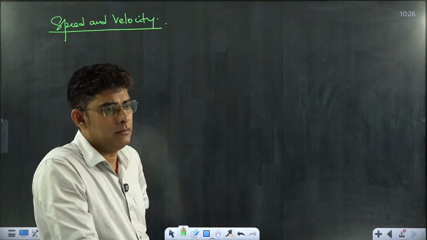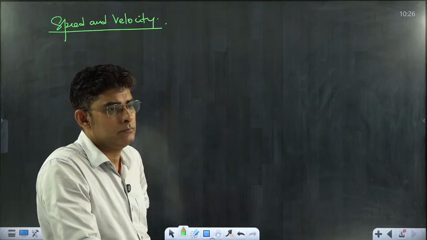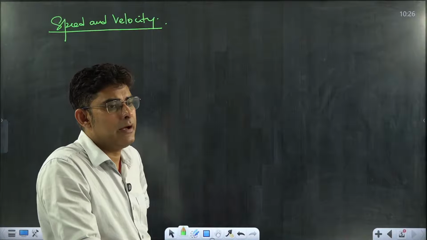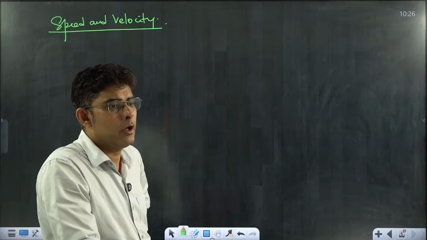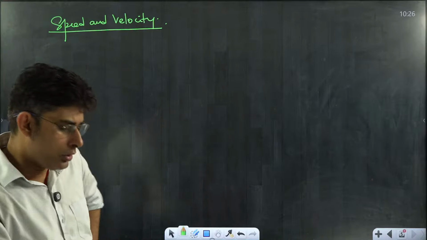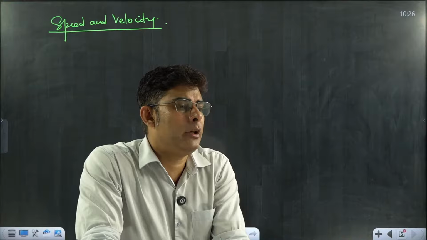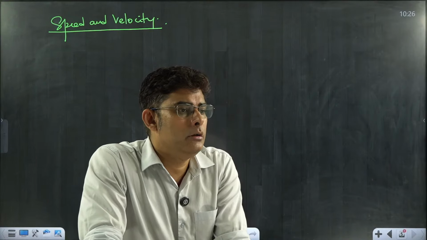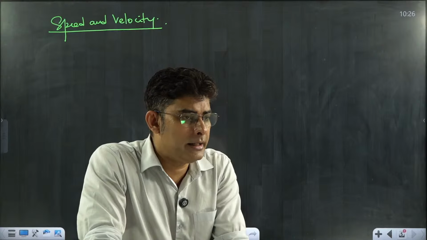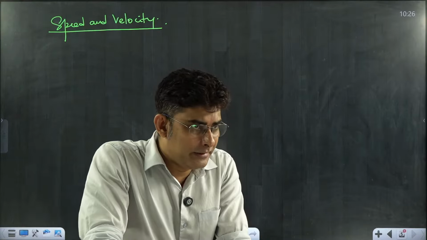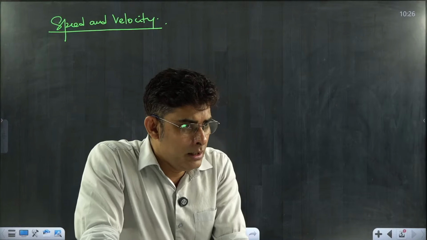Velocity has direction. Speed doesn't have any direction. Okay. So will it be correct to say that velocity magnitude is speed? Is it a correct definition or not? Fine, speed is scalar, velocity vector, correct.